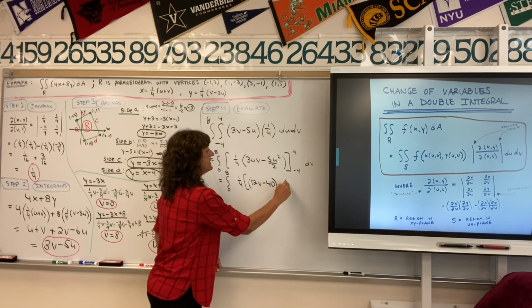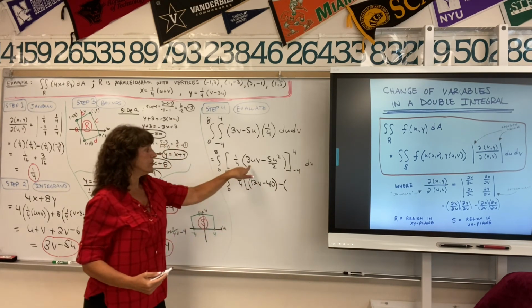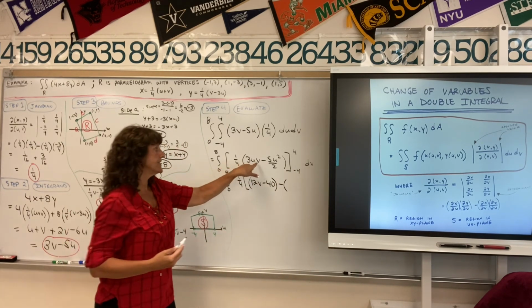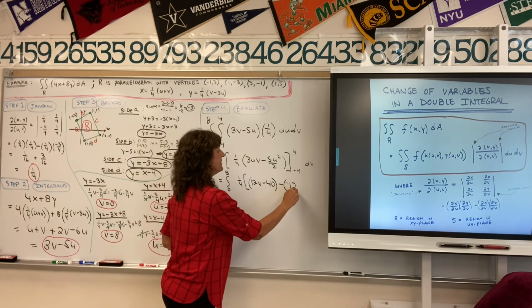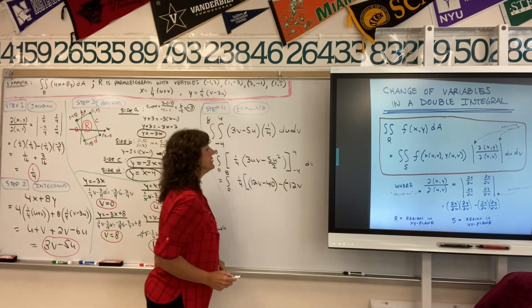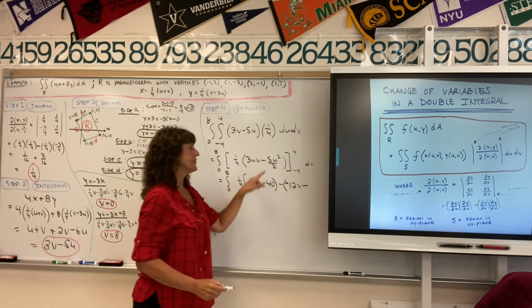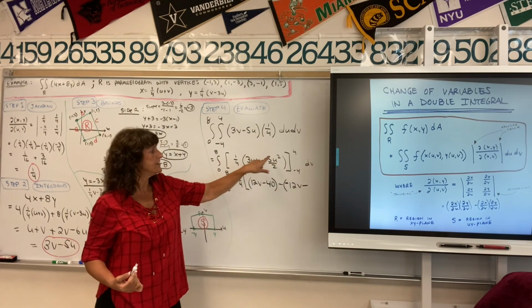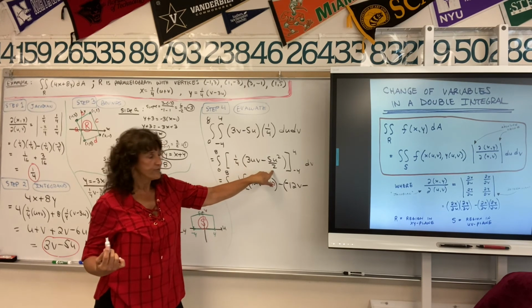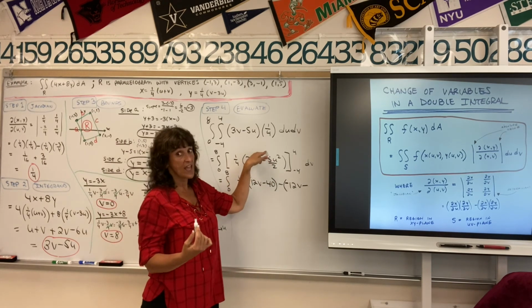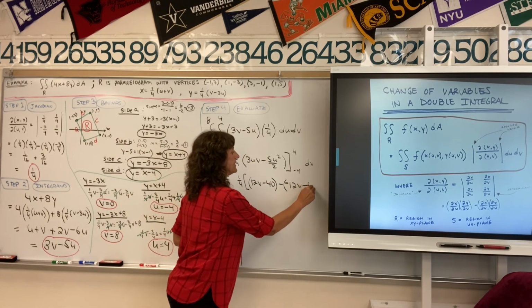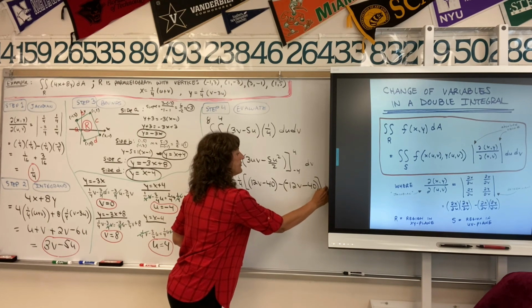Minus, then plug in the lower bound. 3 times negative 4 times v is a negative 12v. And then you plug in negative 4 and square it, so that gives you positive 16 again times 5. 16 times 5 is 80, and 80 divided by 2 is 40 again.